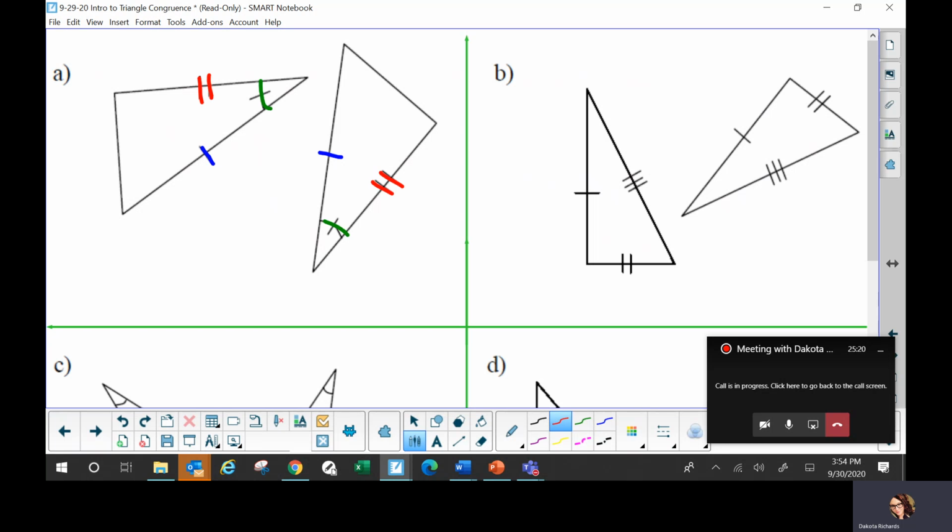So this is just going to be side, angle, side. Okay. On B, we're given a side, another side, and another side. So this is just side, side, side.